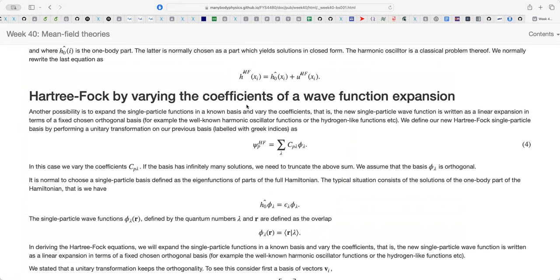And tomorrow we will also look at mathematically the stability of the Hartree-Fock equations. So can we use the interaction which we have to say something about whether the Hartree-Fock equation will be stable or not? Because it's not guaranteed that these equations here will lead to a converged solution.